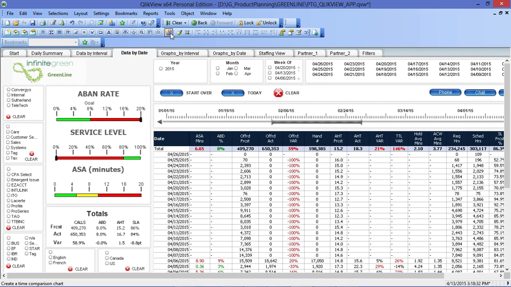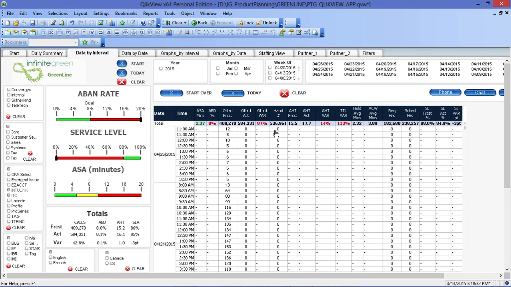So forecasted demand here, we need forecasted AHT, we need forecasted service level, and then hopefully we can get required hours. So how many people are required to be on the phone versus how many people are scheduled to be on the phone. There's a difference there, of course. And then if you have goals for these metrics as well.